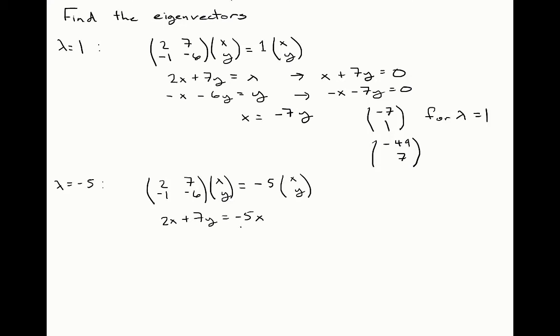But again, you can always use it to check yourself if you want to. So this gives us that 7x plus 7y equals 0. So we know that x equals minus y. Just pick a value for x or y and make the other one match. So I'll just make y to be 1, that's the easiest thing normally to do, and I'll make x equal minus 1. And this is for lambda equals minus 5.